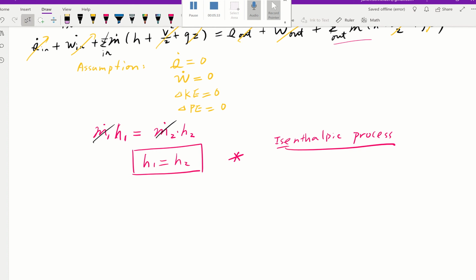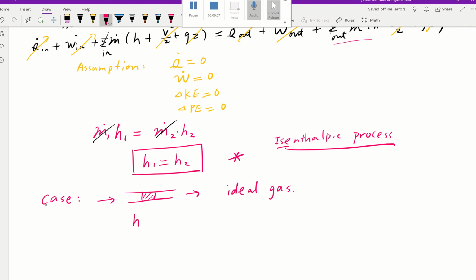Now let's look at one special scenario. This is how we draw a throttling valve. The substance going through is an ideal gas, though it doesn't have to be. Often, for example in a refrigerator, we use R134a refrigerant or freon passing through. But here, if it's an ideal gas, what happens going through this throttling valve?